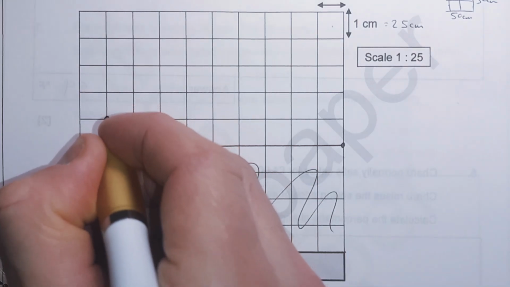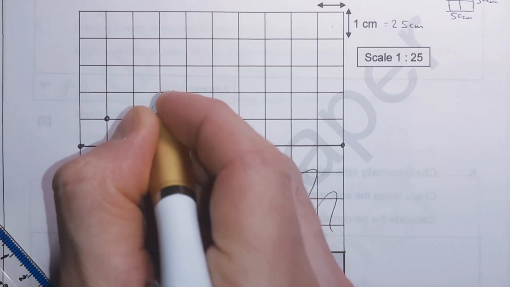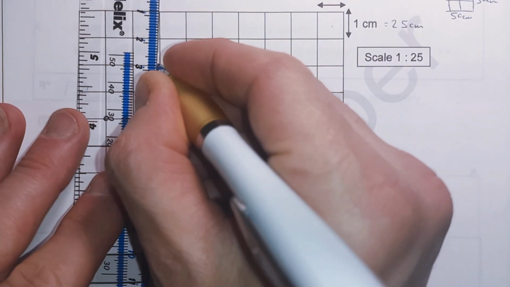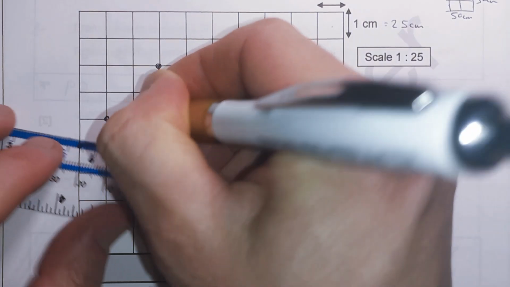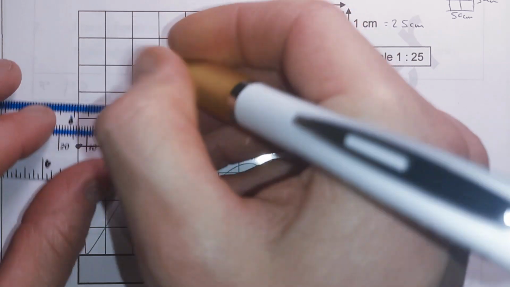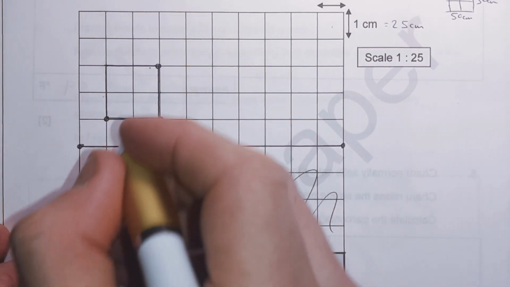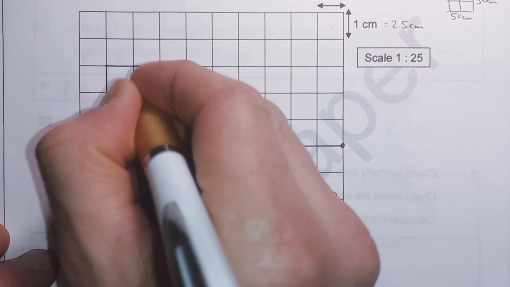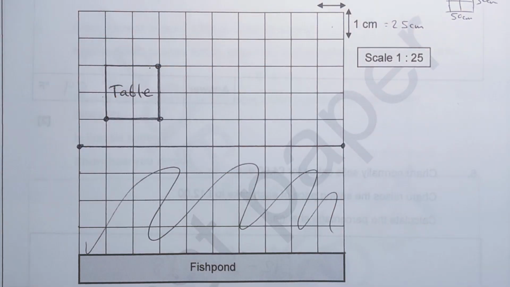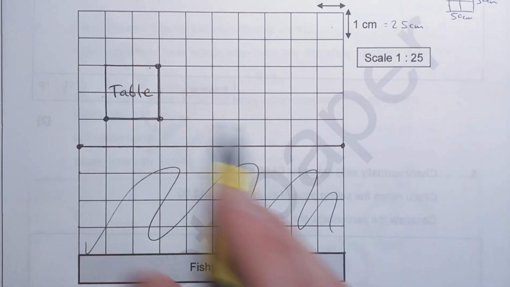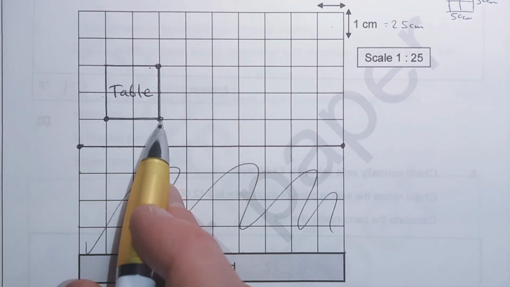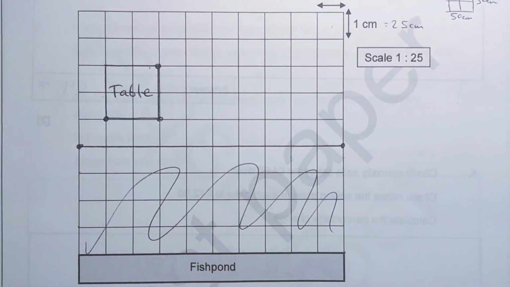So pick here, 1, 2, and up 1, 2. Draw this on. And this is going to be our table. It could be anywhere in this area, so long as it's 2 squares across, 2 squares up.